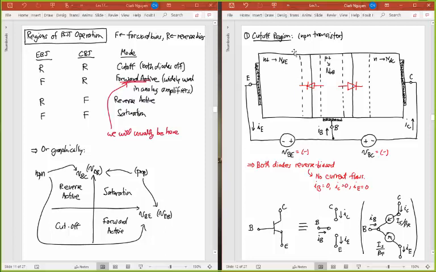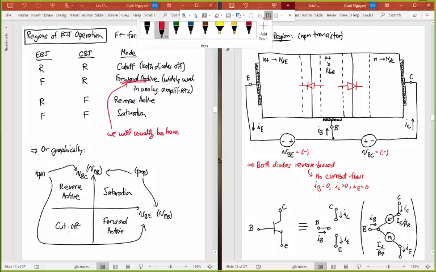And so as an example, we can take a look at the cutoff region. So this is that region where for each diode, what we're doing is we're reverse biasing them. So in this case, it's an NPN transistor, so N plus in the emitter, P plus in the base, N in the collector. And so let me sort of label these here.